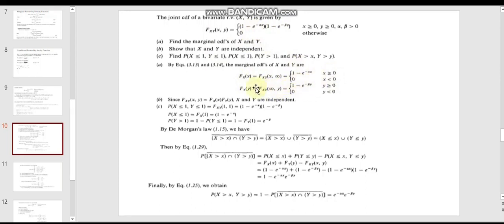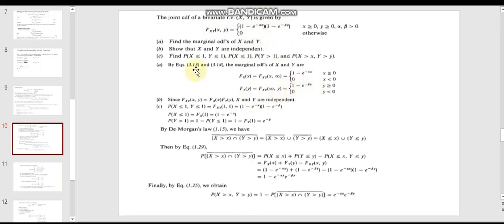Otherwise, it is 0. So when variable x is equal to infinity, then the marginal CDF of y is equal to 1 minus e raised to power minus beta y. This term will vanish. So when I multiply 1 with this term, I will get 1 minus e raised to power minus beta y.